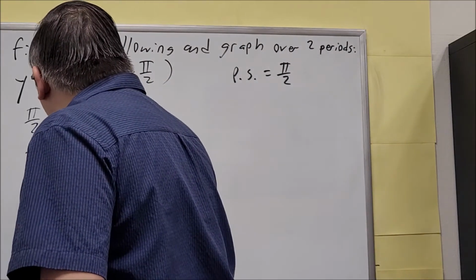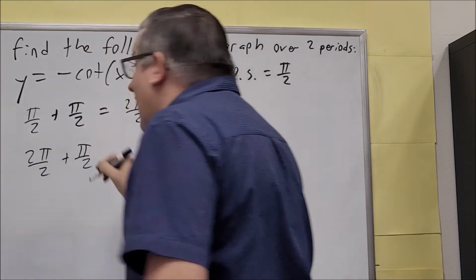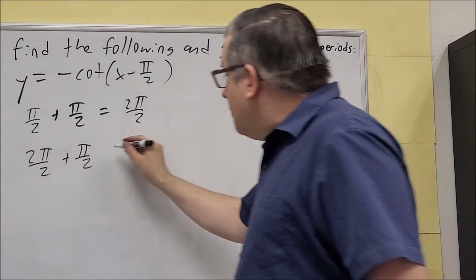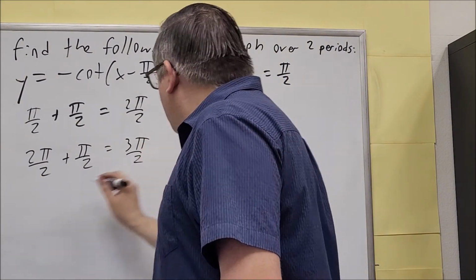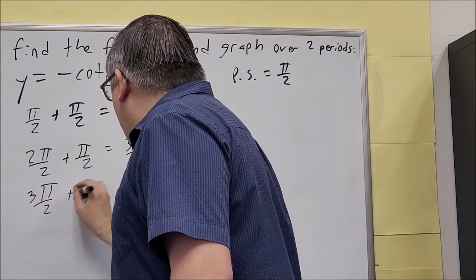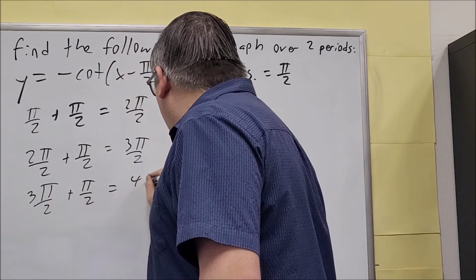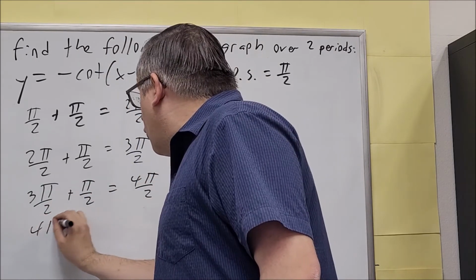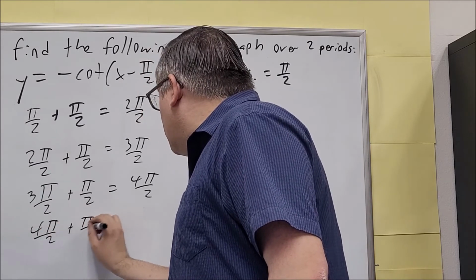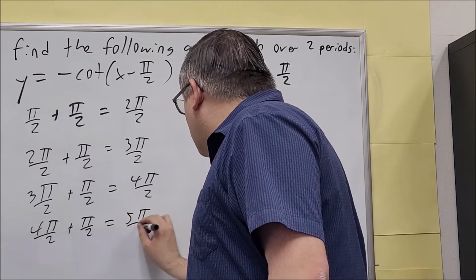With 2 pi over 2, we're going to add the half point again. You're always adding pi over 2 as your half point. That gives 3 pi over 2. To 3 pi over 2, you add pi over 2, and you get 4 pi over 2. 4 pi over 2 plus pi over 2 gives you 5 pi over 2.